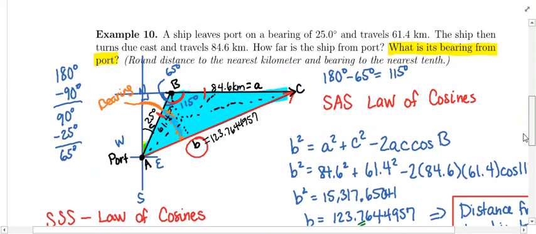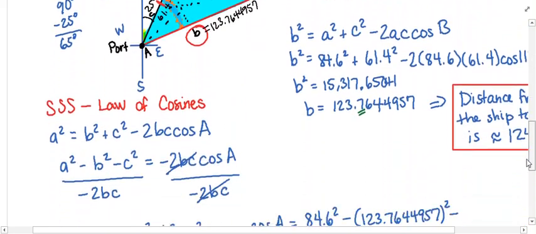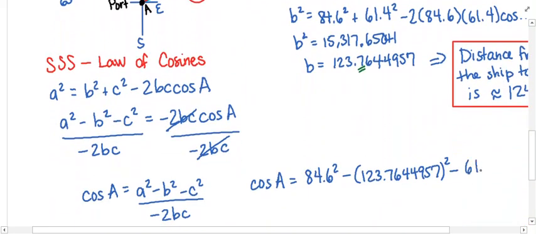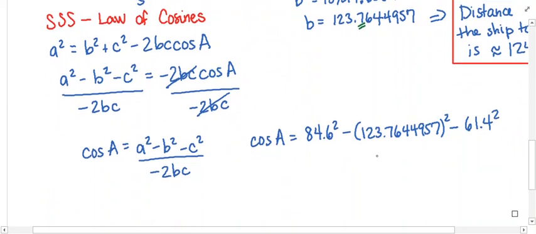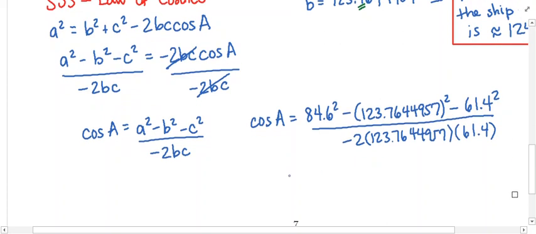If you go back to the picture, C is the side across from angle C, so that's the 61.4 kilometers. All of that is over negative 2 times B times C. So we're going to pop this in the calculator to get the cosine of A.